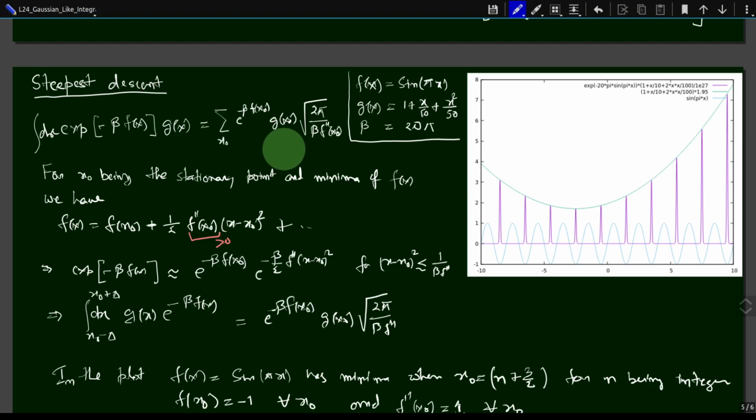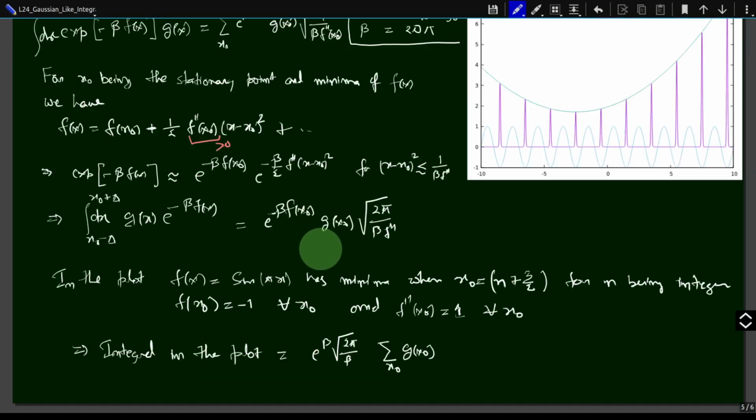at minima the function has some value, right? So it happens for the plot that we have chosen, it has minima at every 2n plus 3/2, for every integer n, and f at the minima is -1 for all the minima.